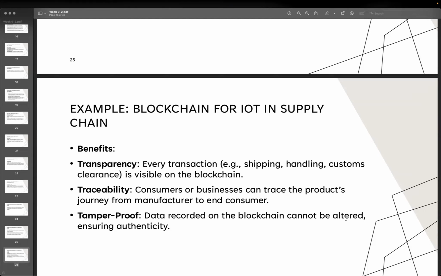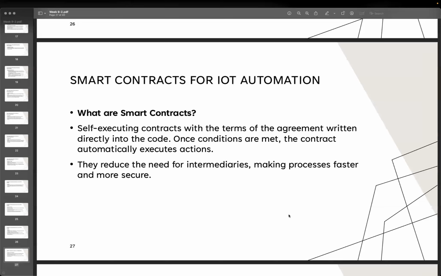And we talk about one thing, smart contracts, for IoT automation. So what are smart contracts? They are a kind of self-executing contract, with the terms of the agreement written directly into code. Once the conditions are met, the contract will automatically execute the action. Why does this come as a benefit?